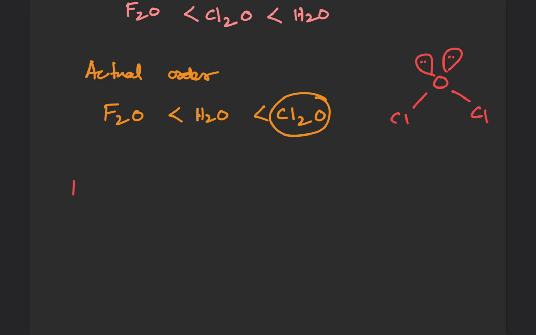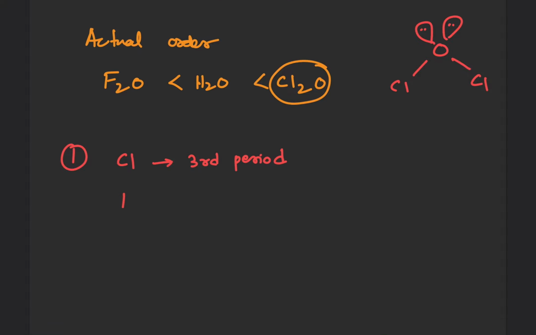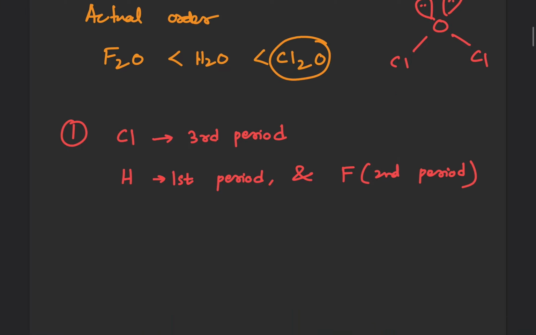The first reason is that chlorine is present in the third period, and it is much larger than hydrogen, which is present in the first period, and also fluorine, which is present in the second period. So it is a bigger atom in size.